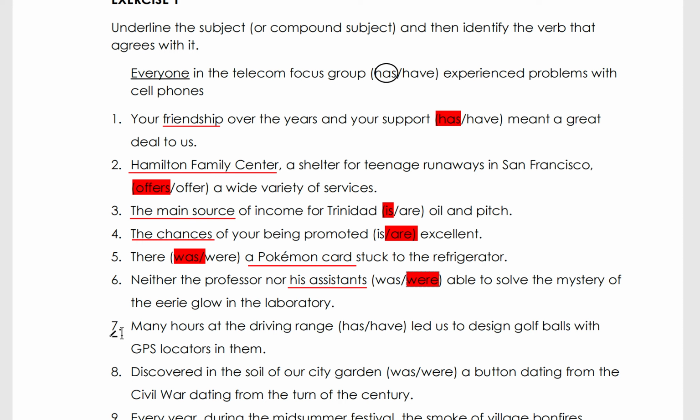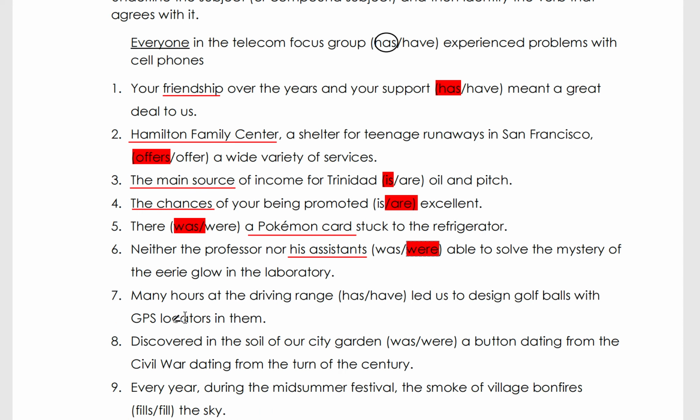Number 7, many hours at the driving range has or have led us to design golf balls with GPS locators in them. Let's look at the subject first. Here the subject is "many hours," and don't get confused by "at the driving range," because "range" is not a subject.